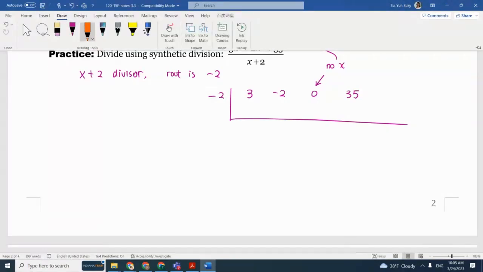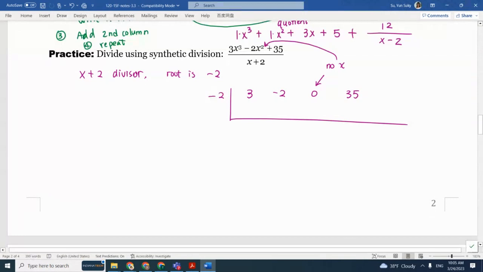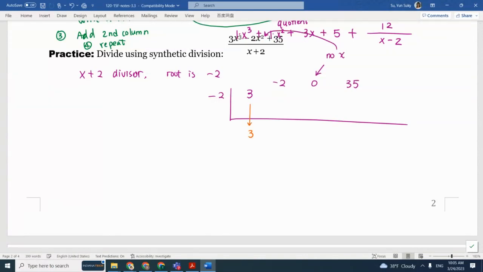Now let's start the process. What do we do? Move the 3 down. And then 3 times negative 2 is negative 6. Put it in the next column. Add them, you get negative 8.